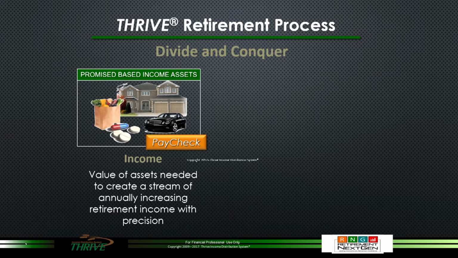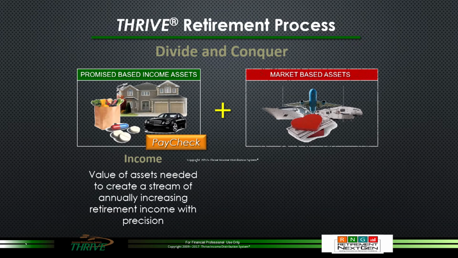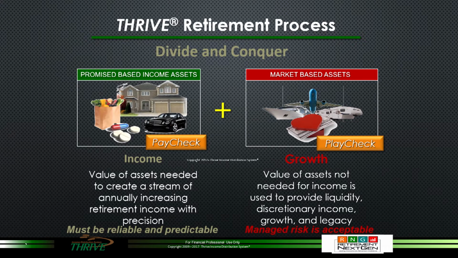See, we can calculate those 5 years before retirement, 10 years before retirement. We can calculate them at any time, and we can quantify the value of the assets needed to create a specified amount of income stream. We can do that with precision. Any amount of dollars that are not necessary after that create what we call a play check. Now, what I first need is reliable and predictable income. Any amount of money I don't need for that promise-based income floor is now for the purposes of liquidity and discretionary income, the play check.